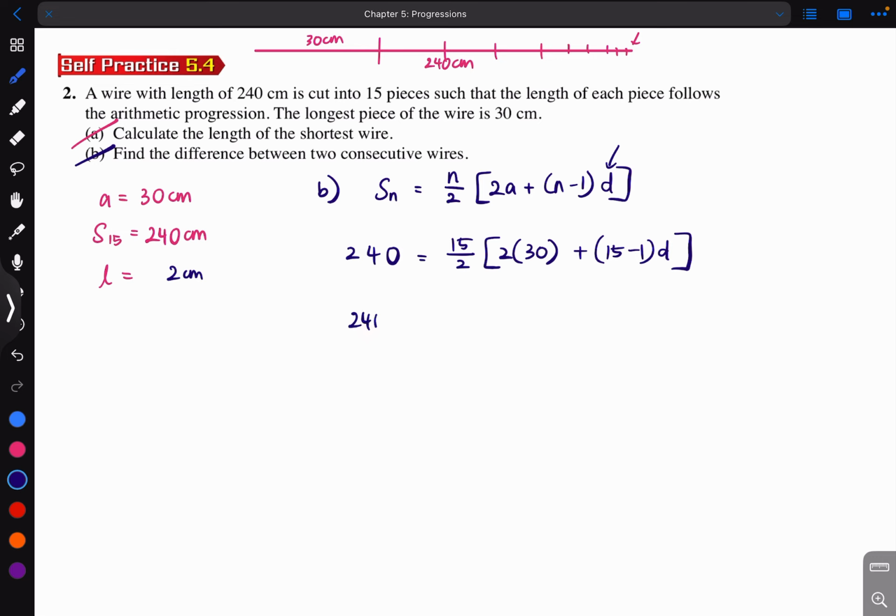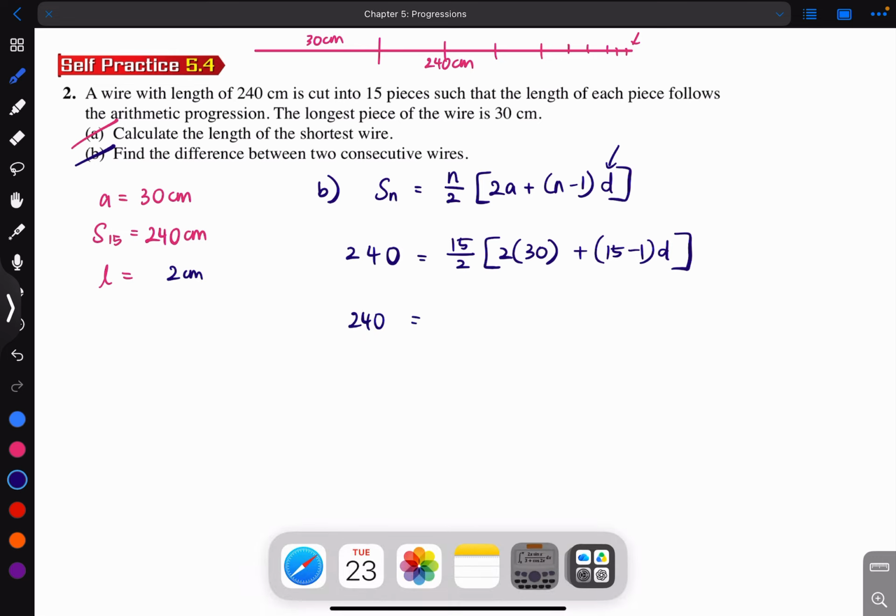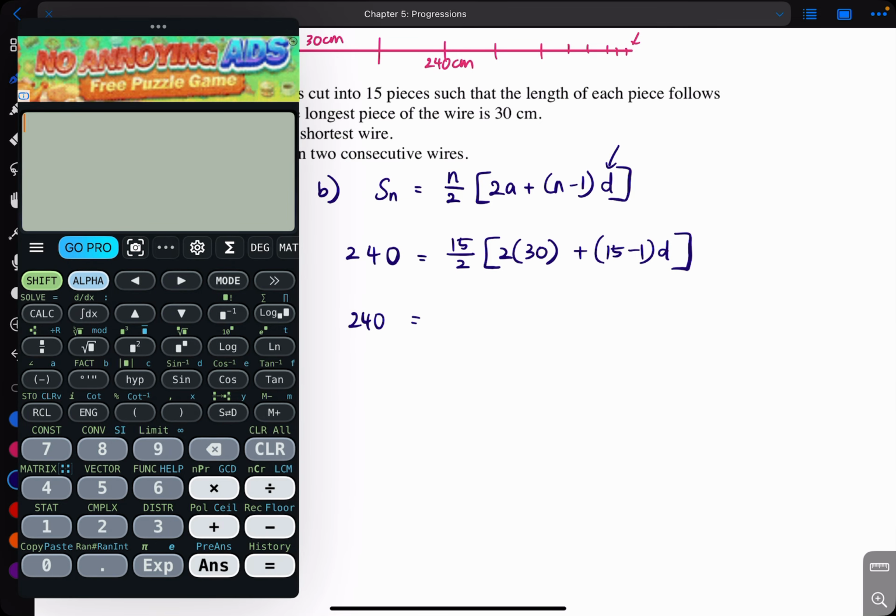So 240 equals 15 over 2 times 2 times 30, which will be 450. Then 15 over 2 times 14d, we get 105d.